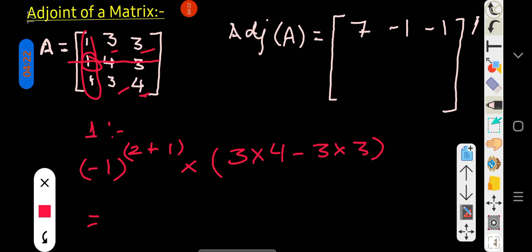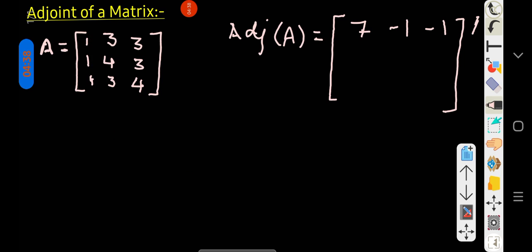So it will be minus 1 times 12 minus 9, which will equal minus 3. So the second row, first element here will be minus 3. Let me write it properly. Okay.